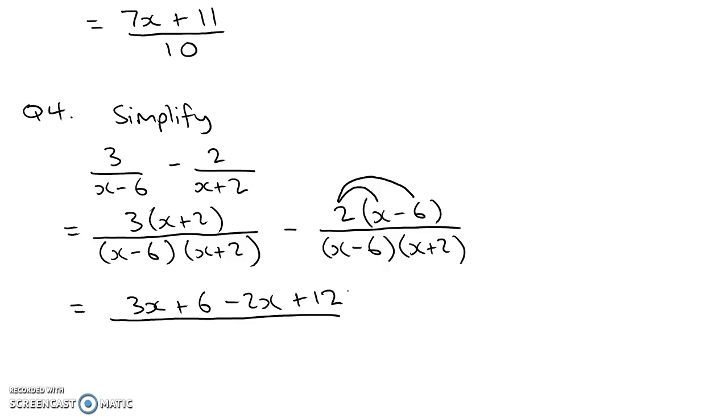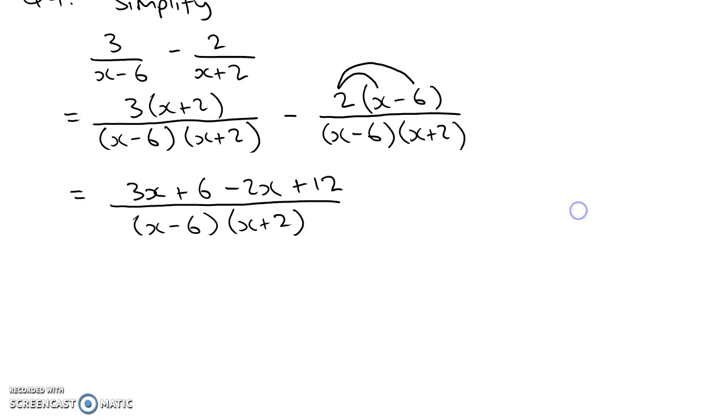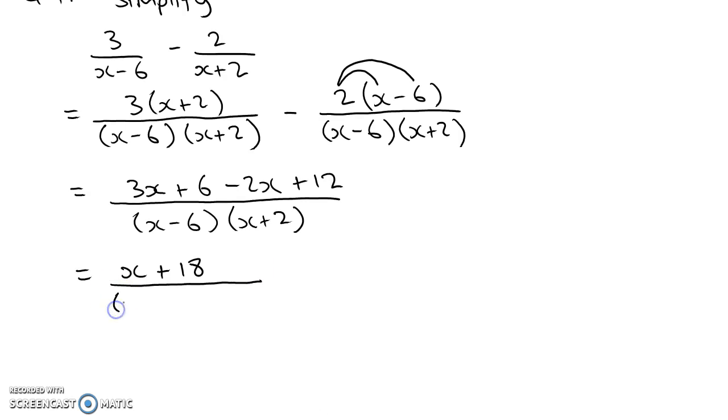And our denominator is x minus 6, x plus 2. Alright, now let's simplify that numerator. So 3x minus 2x gives us x, 6 plus 12 gives us 18, and our denominator is x minus 6, x plus 2.